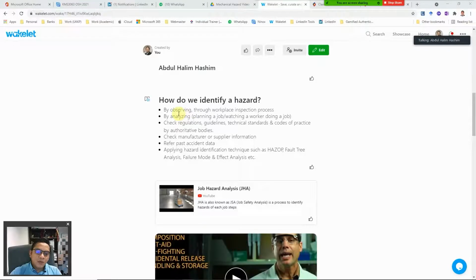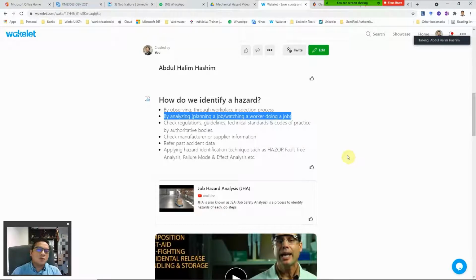Or either way, you can also analyze a job. What we call job hazard analysis. And job hazard analysis requires you to understand the step-by-step approach of a job. So usually a job should not be too long. You have to separate the jobs into a smaller portion, and that smaller portion usually consists of 5 to 7 steps.